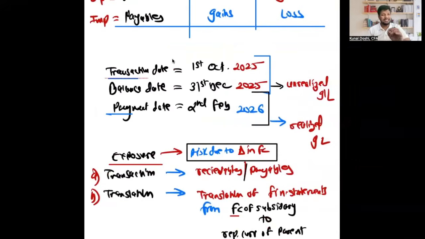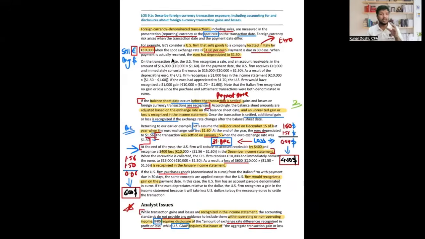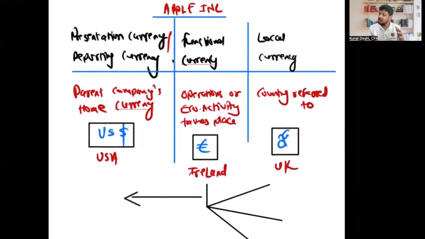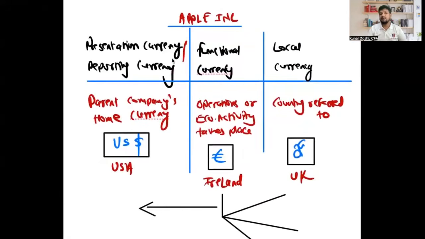This exposure due to foreign currency is not only due to transactions, but later on we will discuss that it is also due to translation of financial statements. Translation of financial statements is what we are going to discuss when we have a multinational business, where we have three situations that we discussed: a functional currency, a presentation currency, and a local currency.